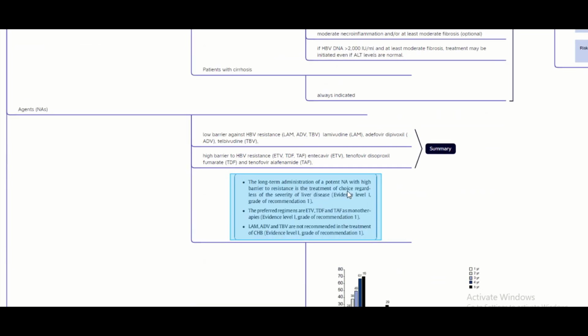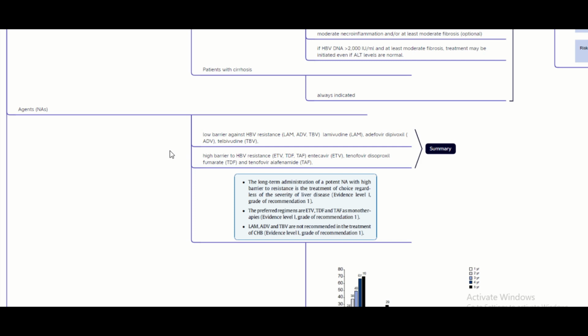Now back into them to talk a little bit about them. These types of drugs can be classified into two parts: low barrier against resistance and high barrier against resistance. If our patient is already on low barrier resistance drugs and is not having failure, the patient should continue taking them.